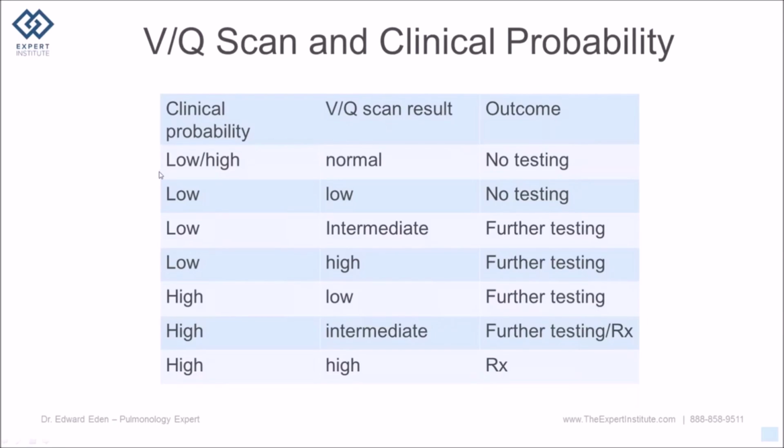Ranging to a high at the bottom of the table, a high clinical probability with a high probability VQ scan would require treatment without further testing. Next slide, please.